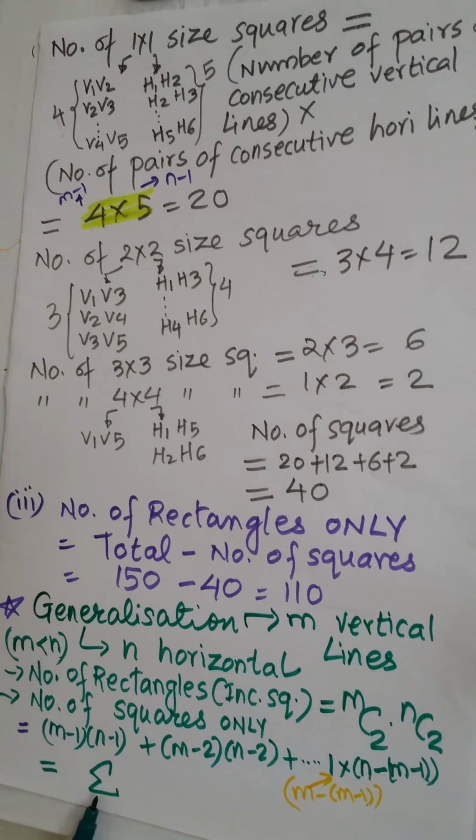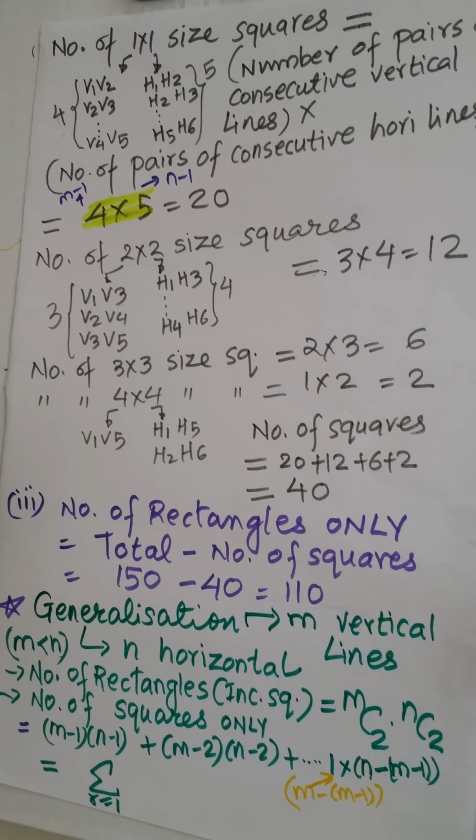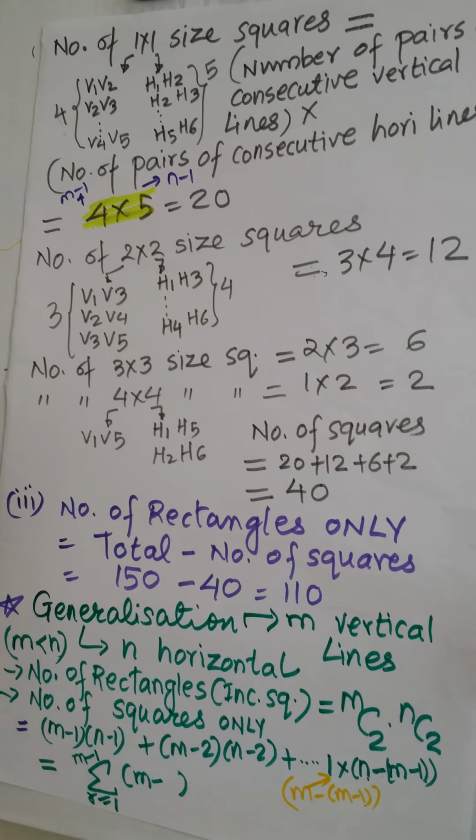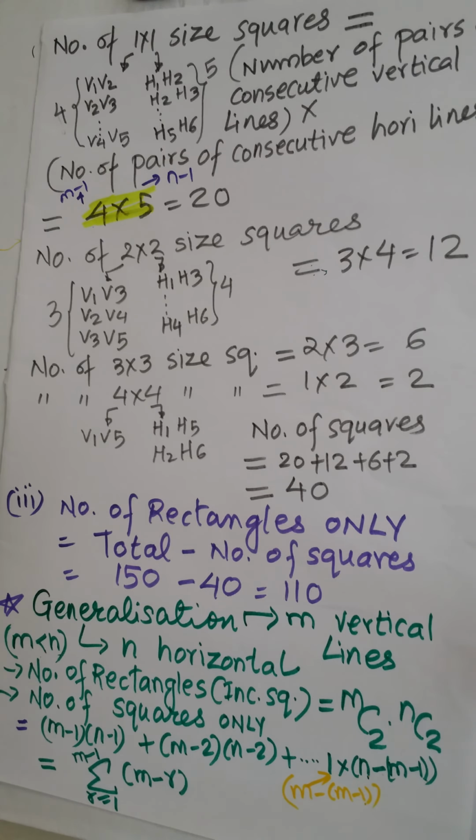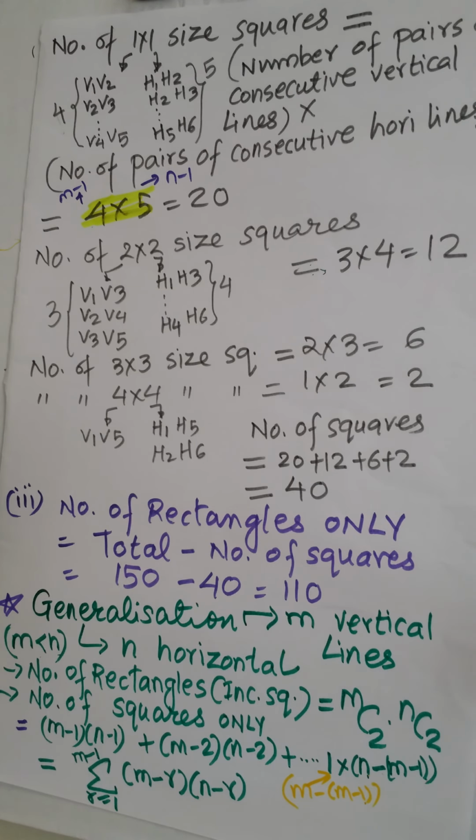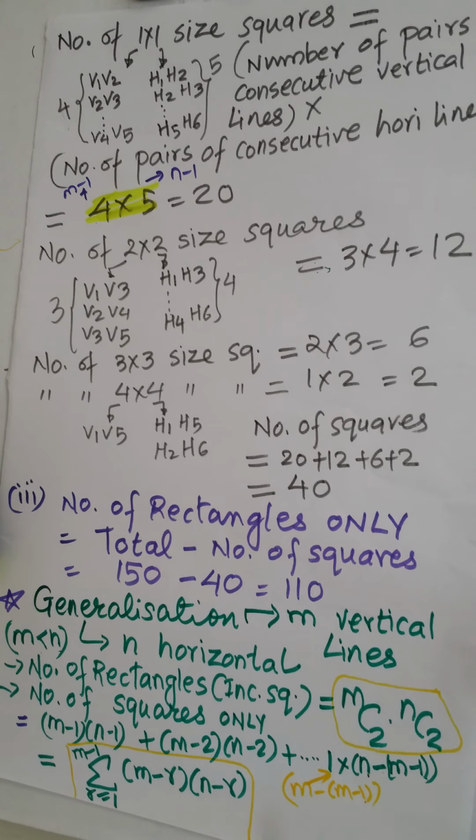The counter is the thing which varies by 1, and it starts from 1 and goes on till m minus 1. So what will we write here? m minus r. And the other term obviously would be n minus r. Which gives the generalized result like this.